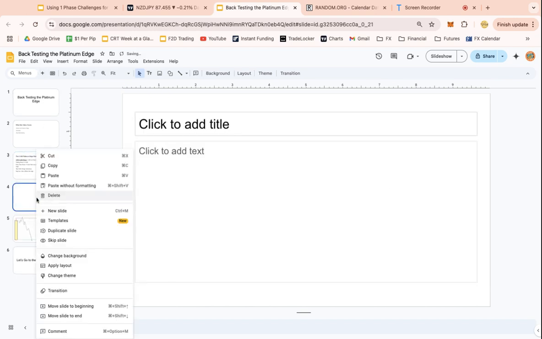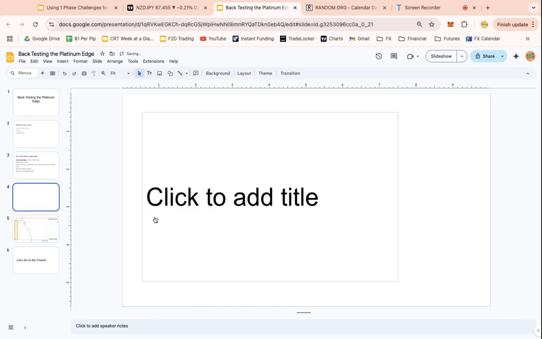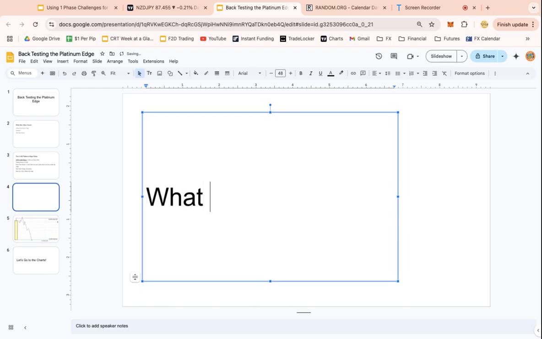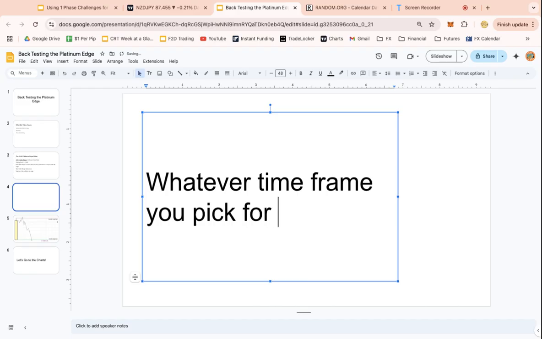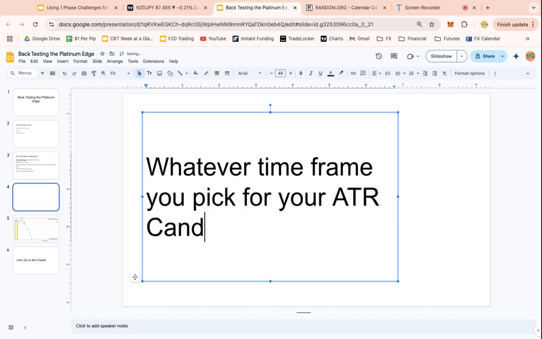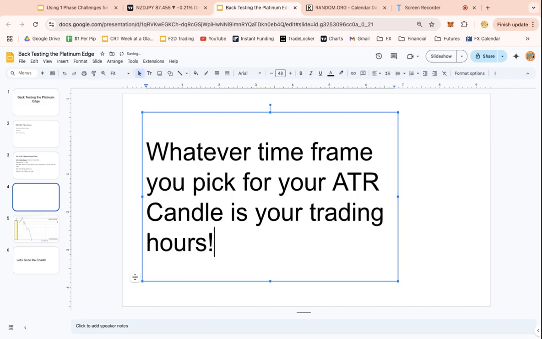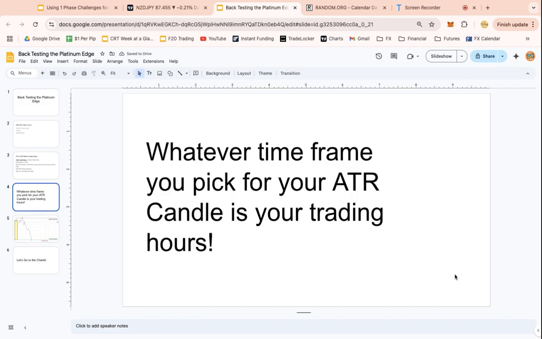So, once again, whatever time frame you pick for ATR candles, your trading hours.